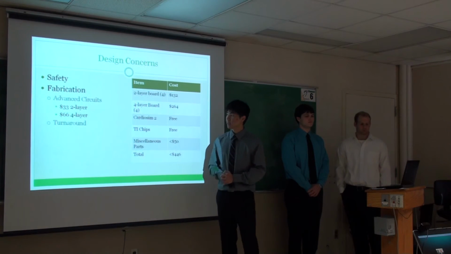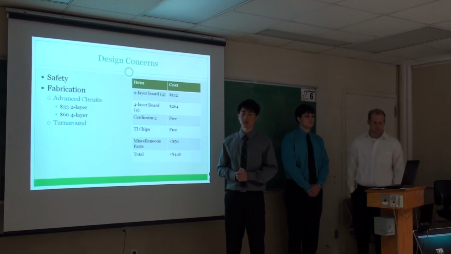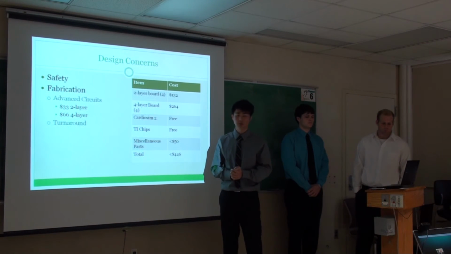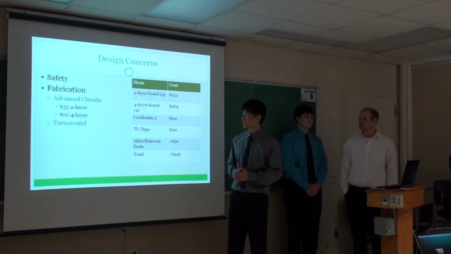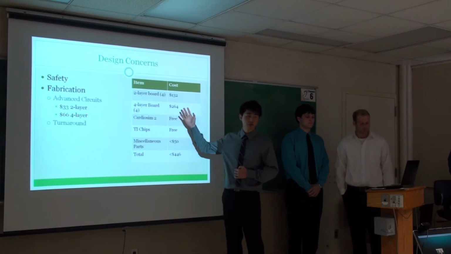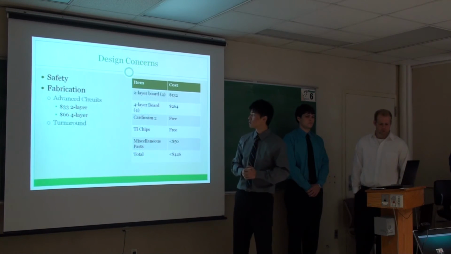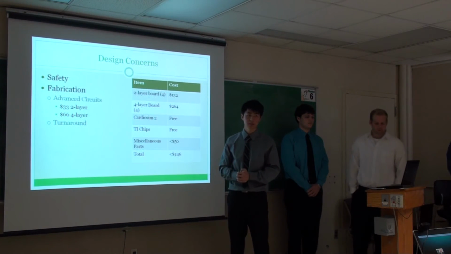And as mentioned earlier, Advanced Circuits would be the main source for fabricating the PCB boards. It costs $33 for 2 layers and $66 for 4 layers. Throughout the designs, we need 4 two-layer boards and 4 four-layer boards, and it costs about $400.